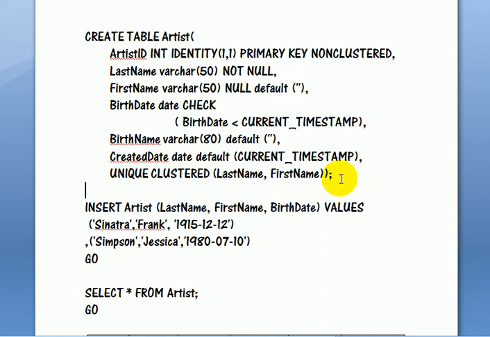It is very important. Every table has to have a unique key constraint to make sure that the rows are unique in the table. In this case, if we don't have last name, first name unique, we can insert duplicates into the table.